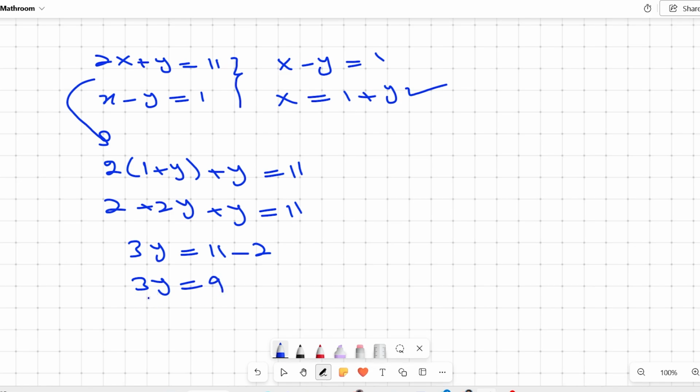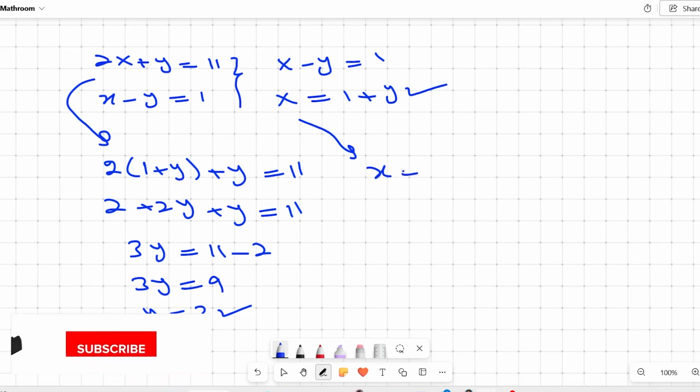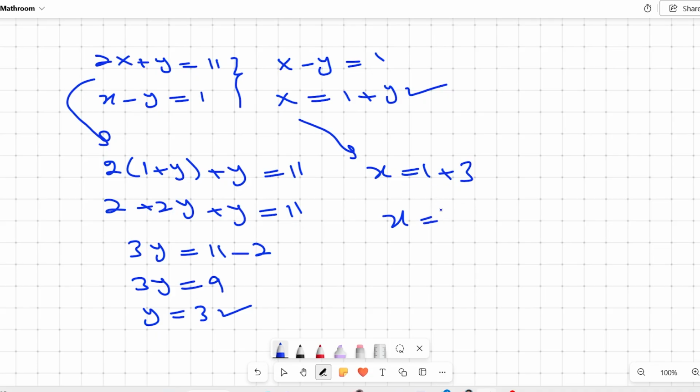We divide both sides by 3 and the value of y becomes 3. To find the value of x, we simply write 3 instead of y. X is equal to 1 plus 3, which is 4. So the value of y is 3 and the value of x is 4.